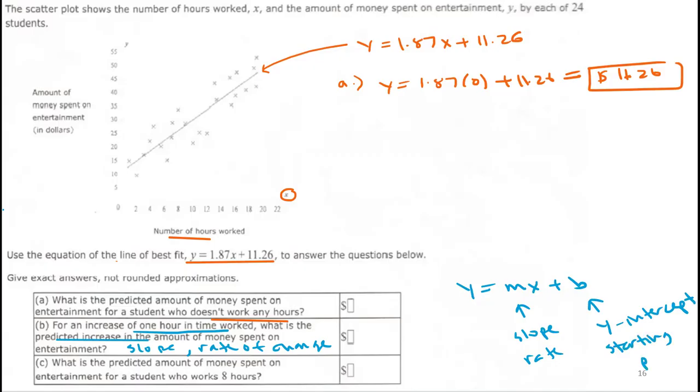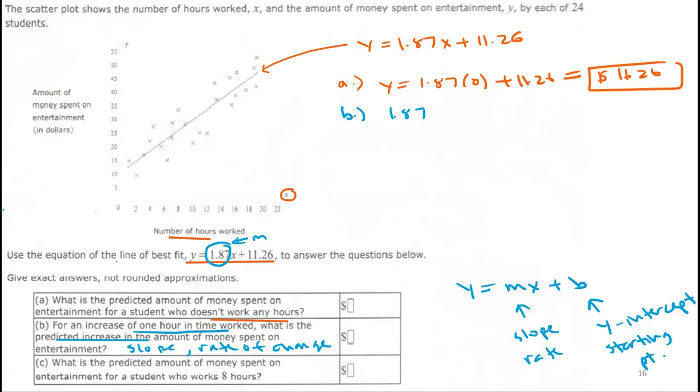So when it's referring to this particular part, it's dealing with the rate, the slope, and we have that: 1.87. So for B, the answer is just 1.87. It's asking what is the slope? The slope, this is m, right? That's the rate of change.